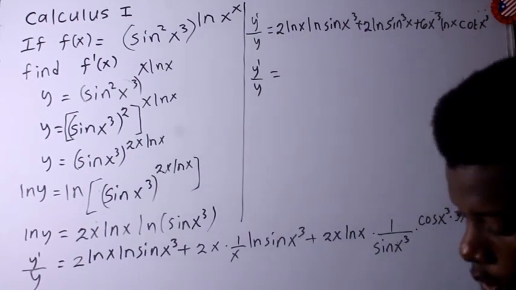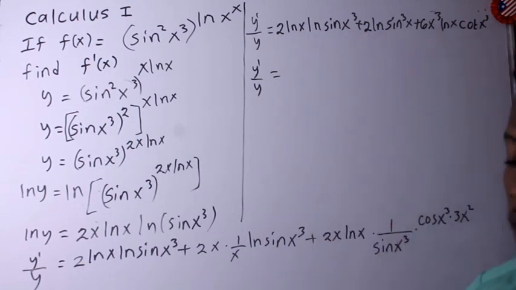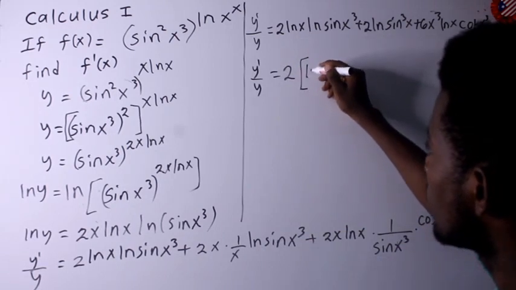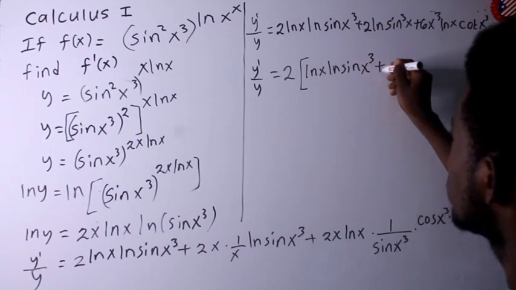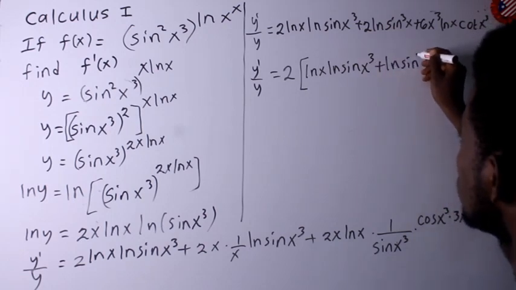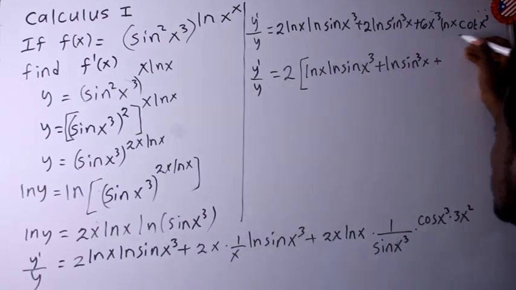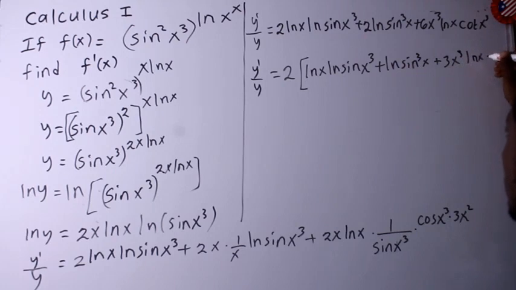So the least common multiple for these coefficients is 2. So we have 2 onto, here we have ln of x, ln of sin x cubed, plus ln of sin x cubed, plus this is going to give us 3x cubed ln of x, cotangent x cubed.